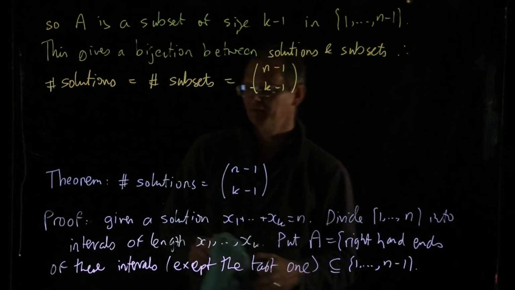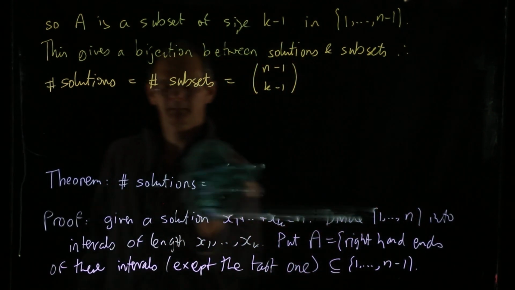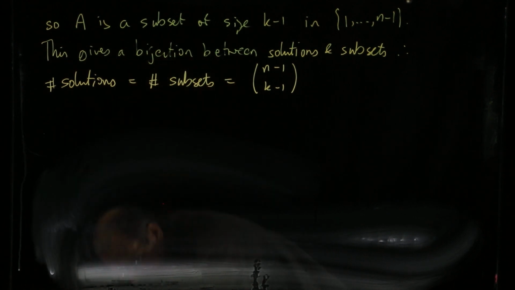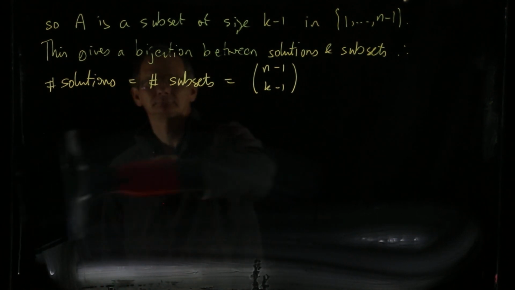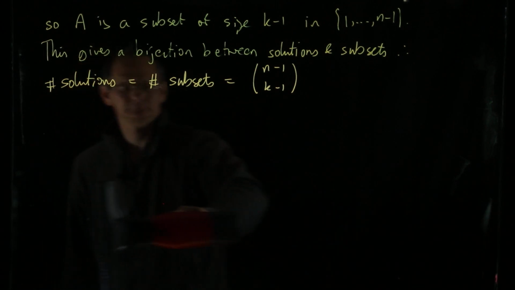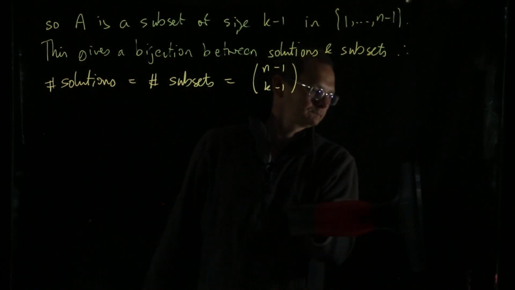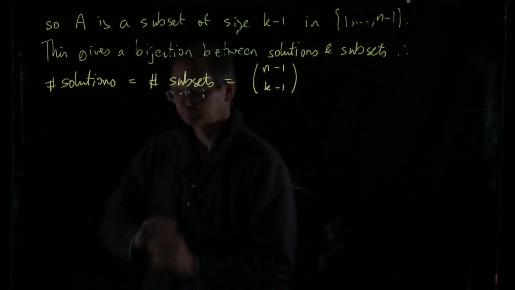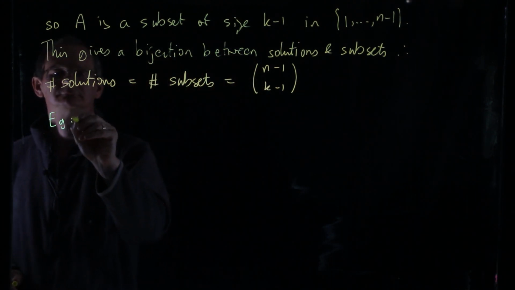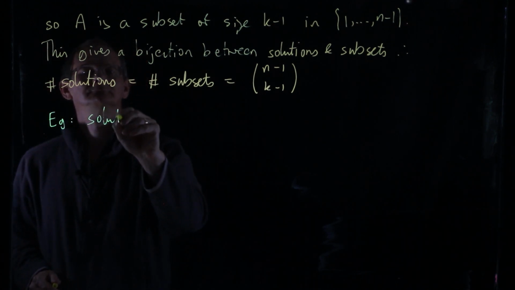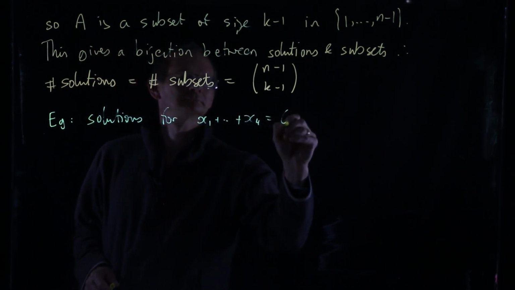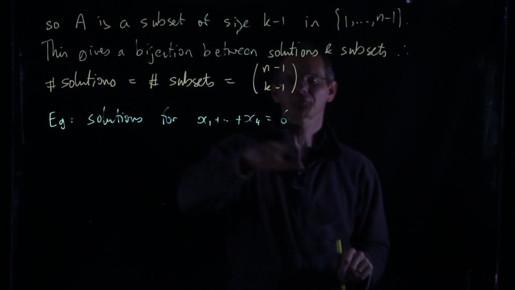So let's just see how it works out in the case that we were interested in. We're looking at solutions for x1 up to x4 summing to 6.